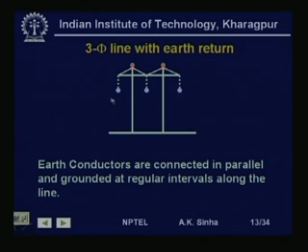Normally, when the system is working as a balanced system, there will not be any return current flowing, because the sum of the 3 currents will be 0 all the time. But in case of unbalanced currents, we have some currents flowing through these return conductors, which will go to the ground and flow through the earth.